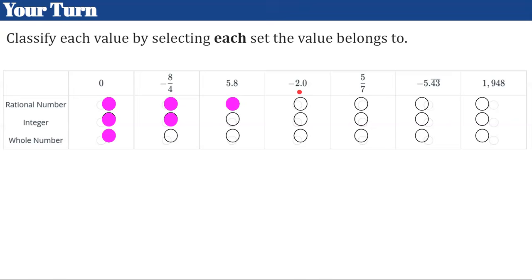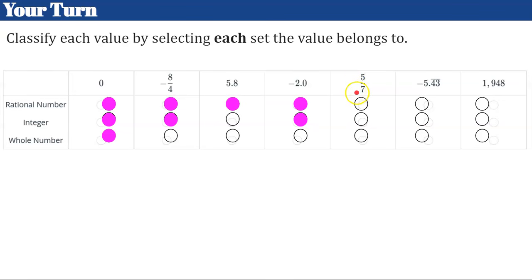Because if I write this just as -2, it's equivalent. So if I can remove the decimal and it still represents the value, then that means 0.0, although accepted, is not significant, and this truly isn't, by definition, a decimal. So we really have -2, which is an integer and a rational number. It cannot be whole because it's negative.